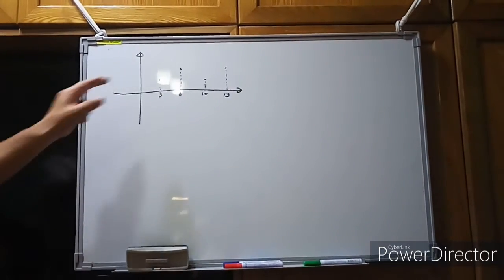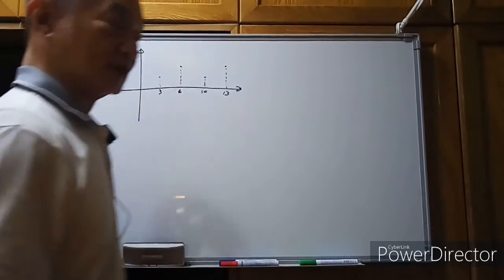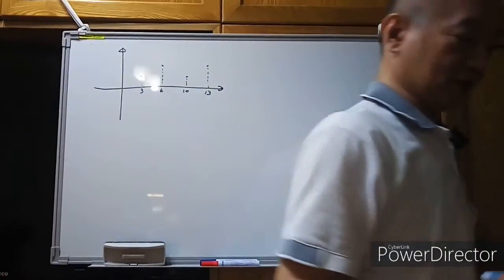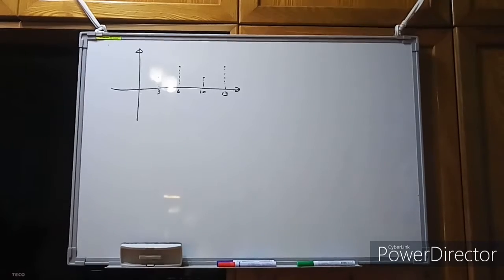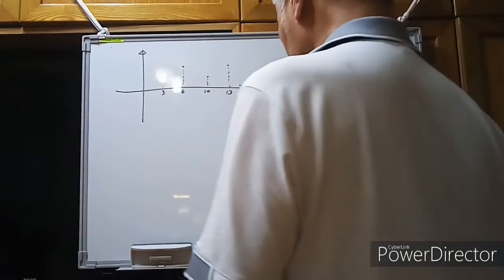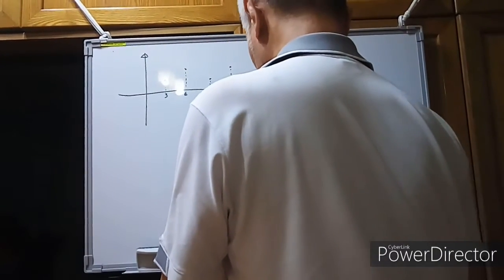Okay, assume we have 4 data points. That's the xi of the data points. So what happens if we use weight functions?